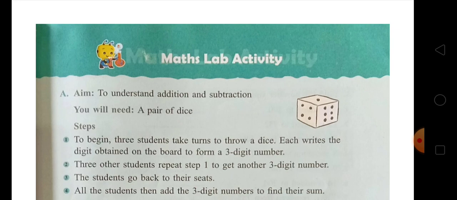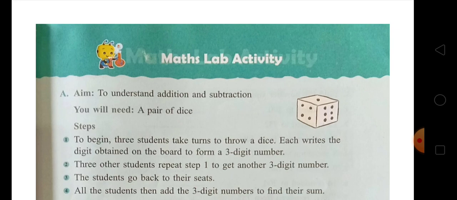Steps: to begin, 3 students take turns to throw a dice, one by one. Each writes the digit obtained on the board to form a 3-digit number. That means when they throw the dice, each writes the digit obtained on the board to form a 3-digit number.